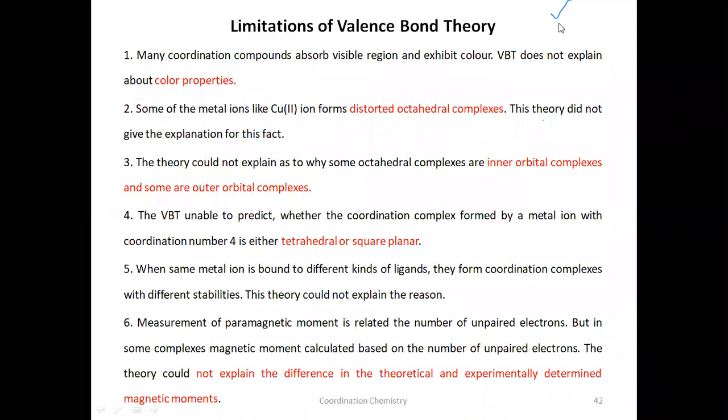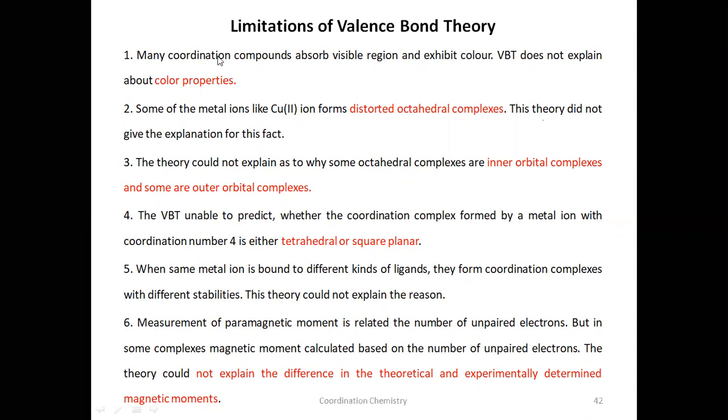Now let us see the drawbacks, or limitations, of valence bond theory. Although this theory is very useful in determining the geometry and magnetic property, every theory has its own limitations. Only then will new theories be developed. Like every theory, it also has a few limitations.